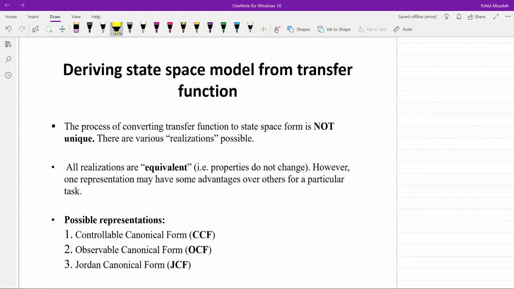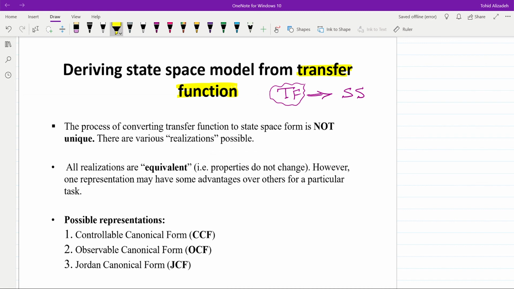Once we have the transfer function for a system provided, we can derive the state space model out of that. So basically here the aim for us would be to start from the transfer function and obtain the state space model for the system. Sometimes the state space model could be derived directly, referring to the equations which are governing the dynamics of the system, or sometimes we already have the transfer function representation for the system, and we can obtain the state space representation as well.